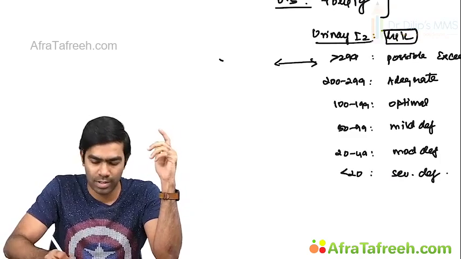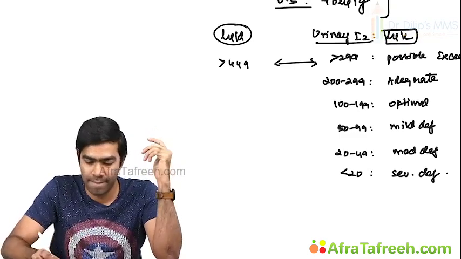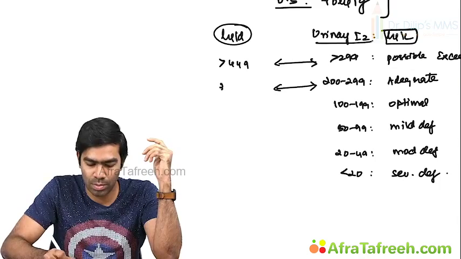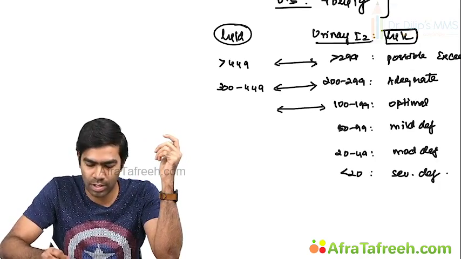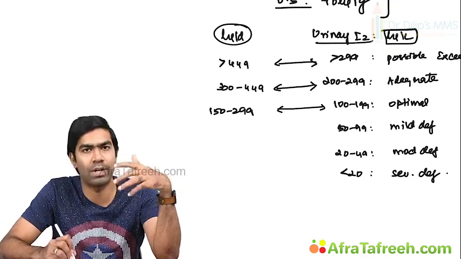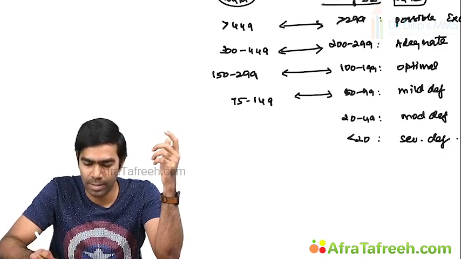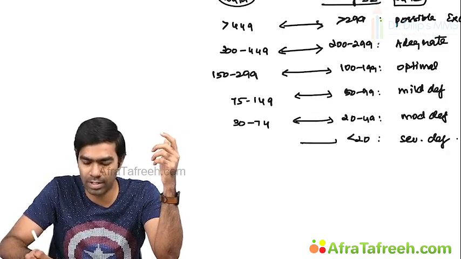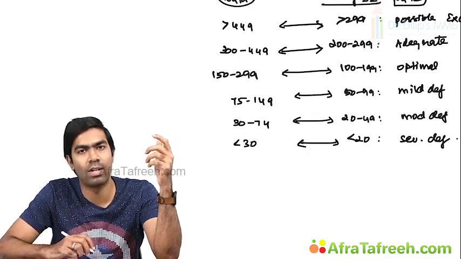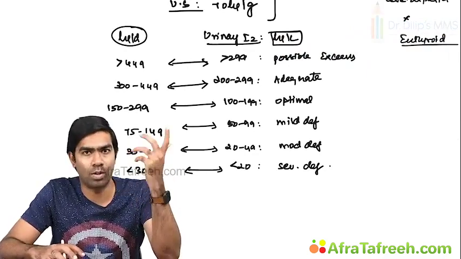If it is more than 299, it corresponds to more than 449 micrograms per day of iodine intake. 200 to 299 corresponds to approximately 300 to 449 micrograms per day. 100 to 199 corresponds to 150 to 299 micrograms per day, and a urinary value of 50 to 99 corresponds to approximately 75 to 149 micrograms per day. 20 to 49 corresponds to 30 to 74 micrograms per day, and less than 20 corresponds to less than 30 micrograms of iodine intake. So you can to an extent correlate with the iodine intake also, clear?